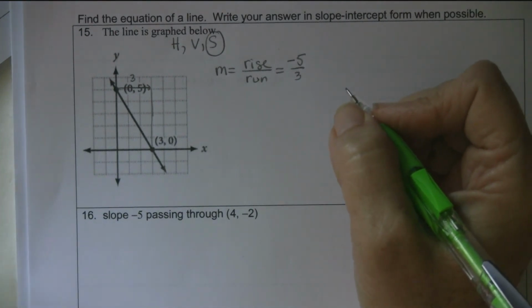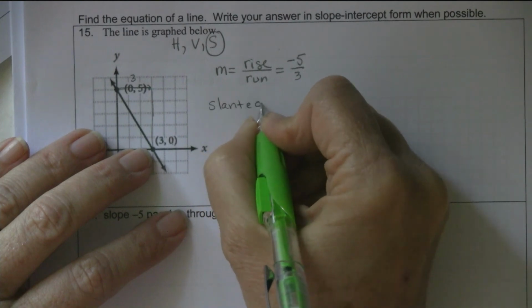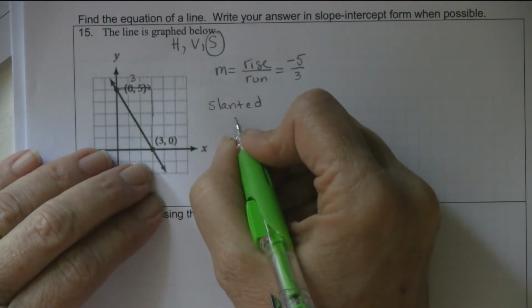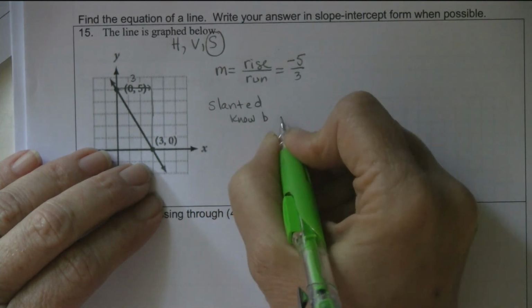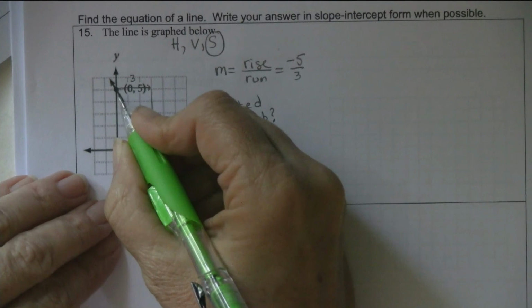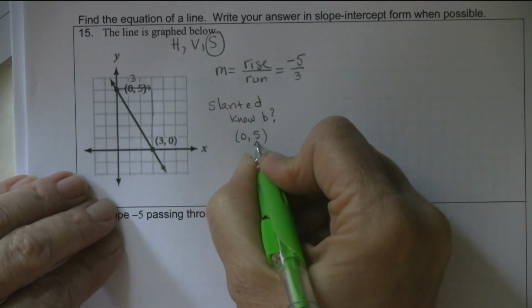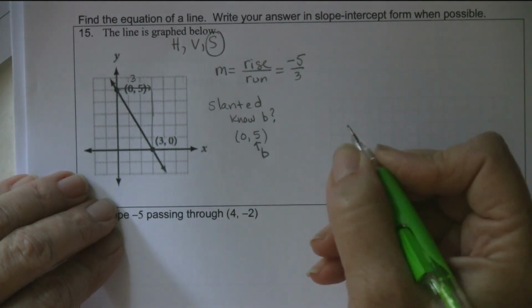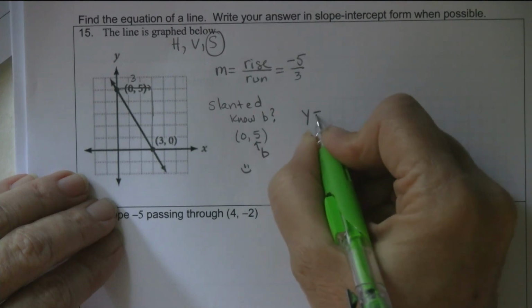And then when it's slanted, our next thought is, do you know b, which is the y-intercept? Well, yeah, I do. It's (0, 5). b is 5, right? That's what the y-intercept is. And so I smile to myself because it's easy to find the equation of the line.